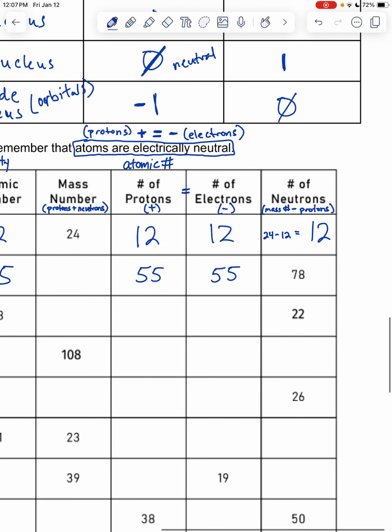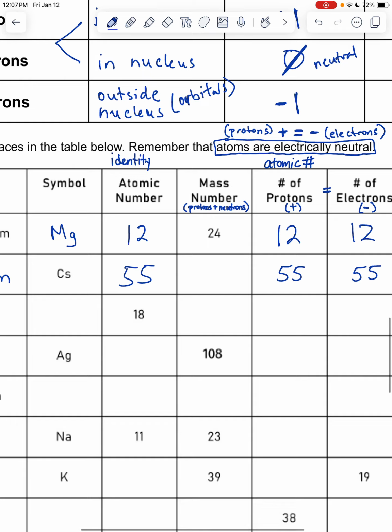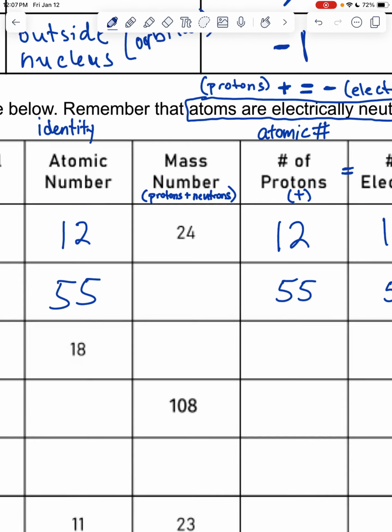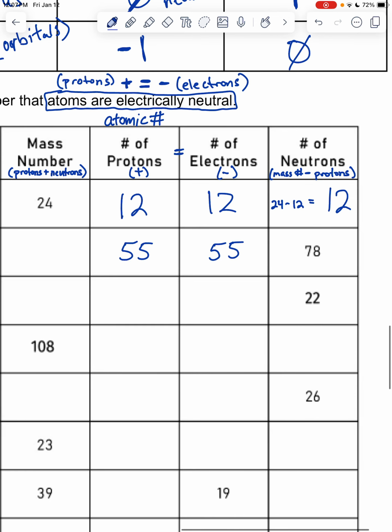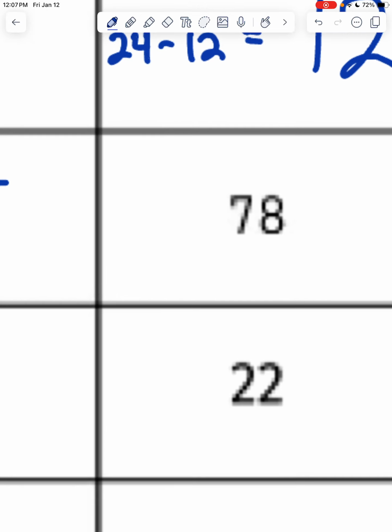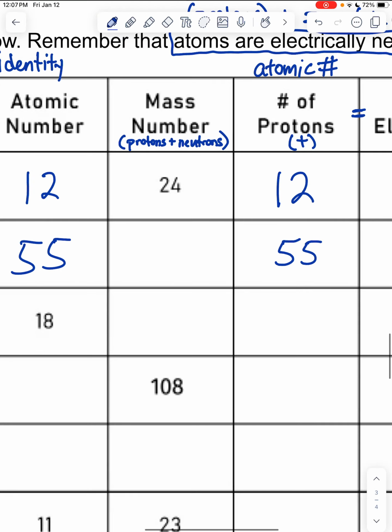And the last thing is to figure out what the mass number is. Now, the mass number, remember, is protons plus neutrons, because that's what's inside our nucleus, where all of the mass is. So I have the neutrons, and now I take that and I just add it to the protons, right?